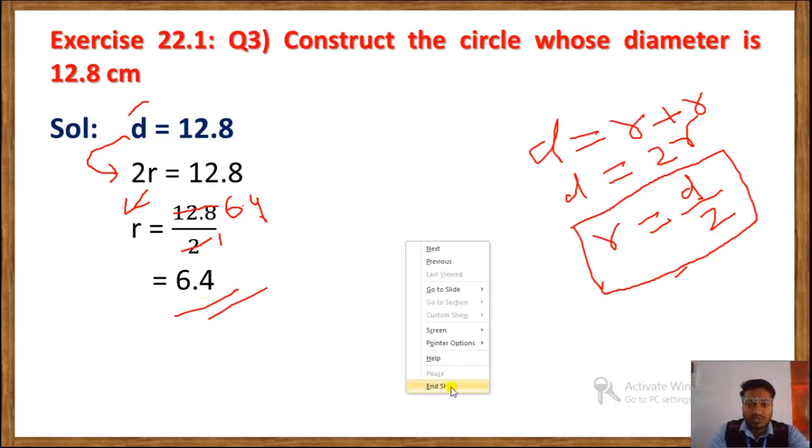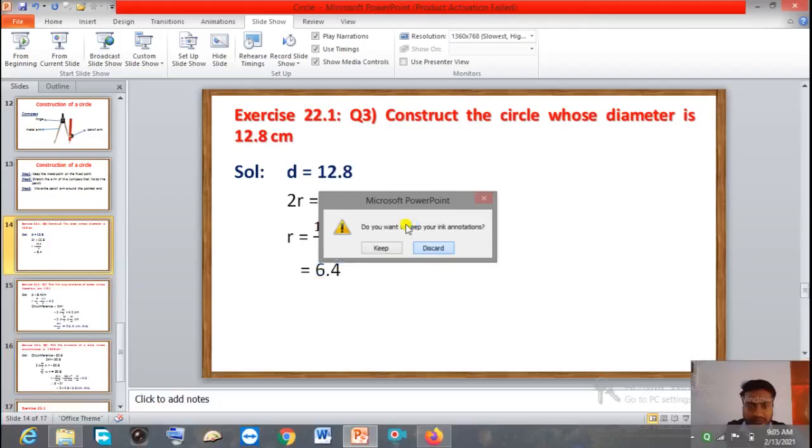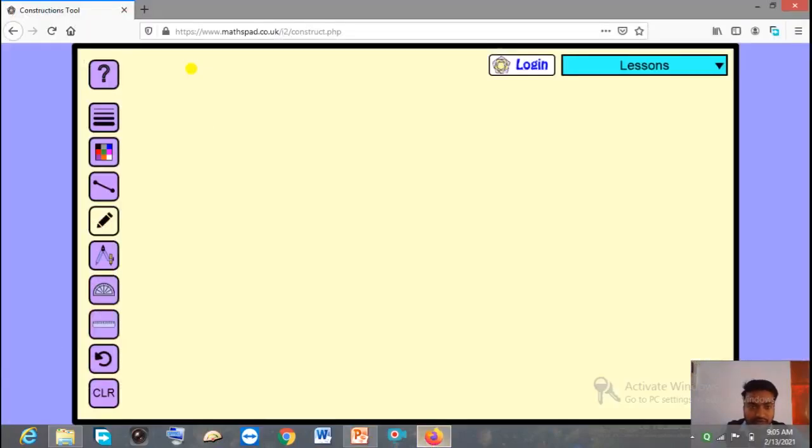Now let me show you how to draw. So we have the radius 6.4.